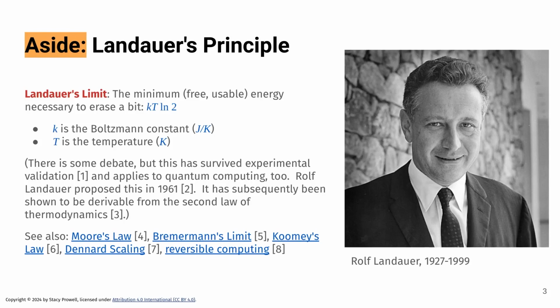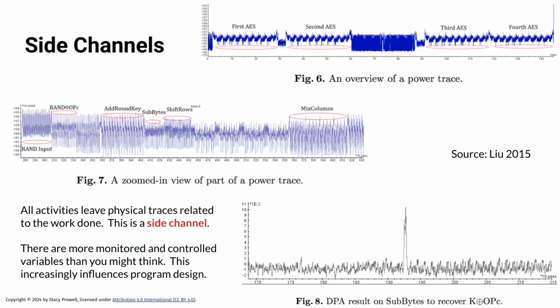Dennard scaling sort of came to a close around 2009. And then look at reversible computing also. Reversible computing has a lot of connections to quantum computing. So if that's a topic that interests you, by all means go and look at reversible computing. But none of those are directly relevant to us here.